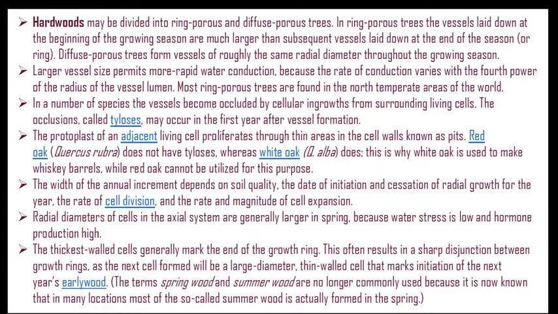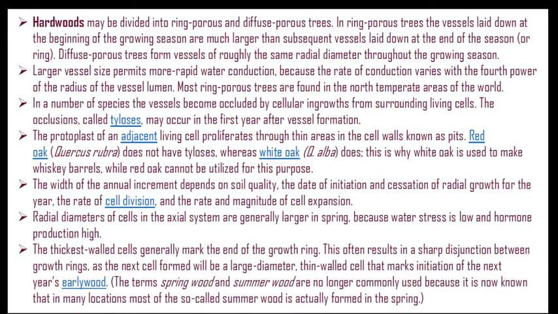The width of the annual increment depends on soil quality. It is in connection with soil and water conduction. The date of initiation and cessation of radial growth of the year, the rate of cell division and the rate and magnitude of cell expansion.